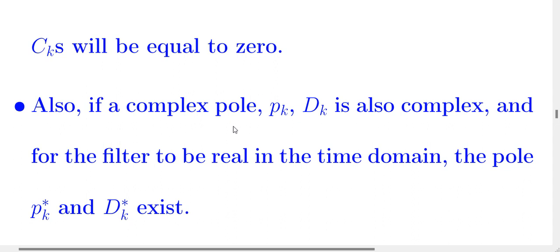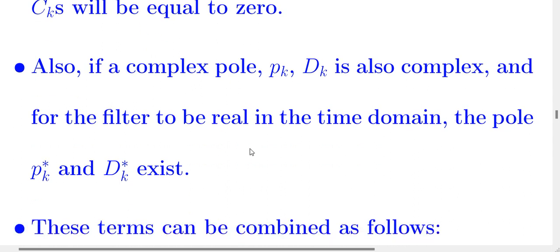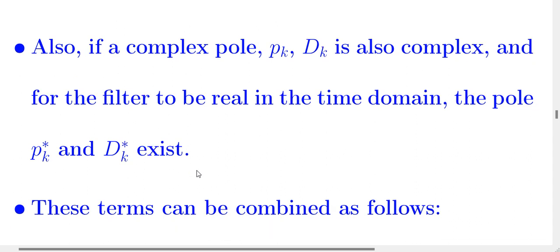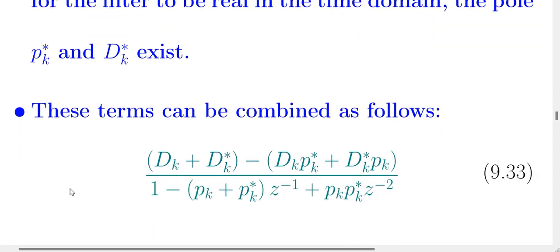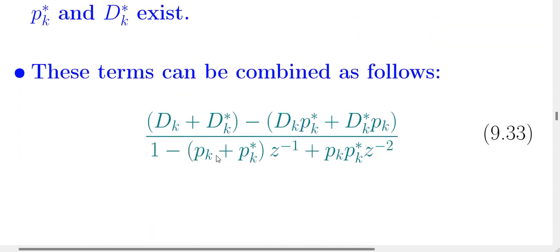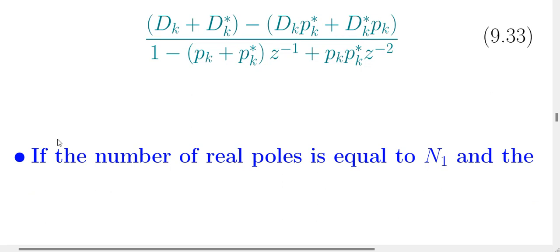Also, if a pole pk is complex, dk is also complex, and for the filter to be real in the time domain, the pole pk star and dk star exist. Complex conjugate.